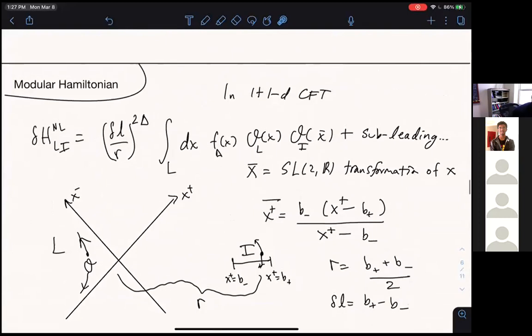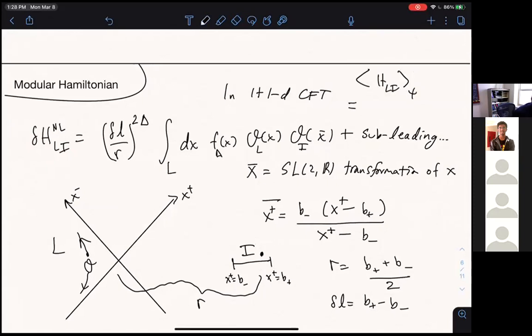The way that we end up computing this modular Hamiltonian is that we compute delta HLI, or really HLI, in an excited state via a replica trick.